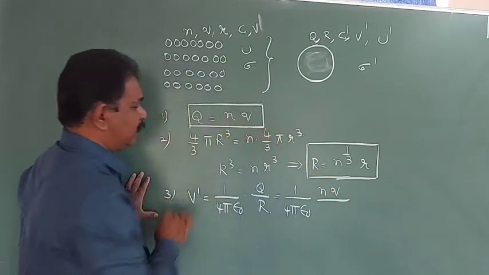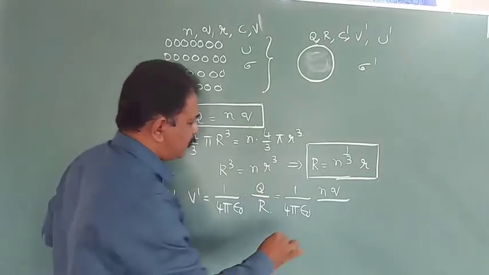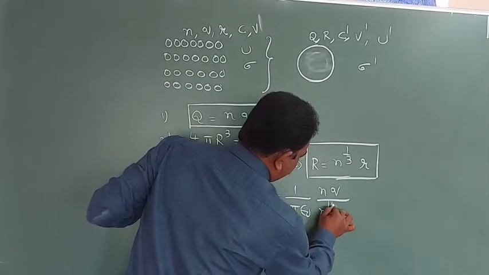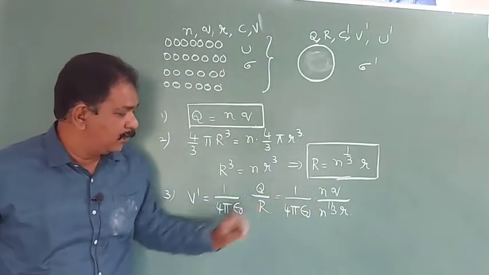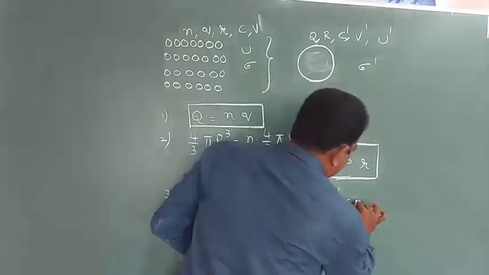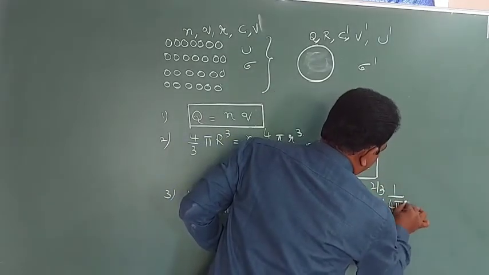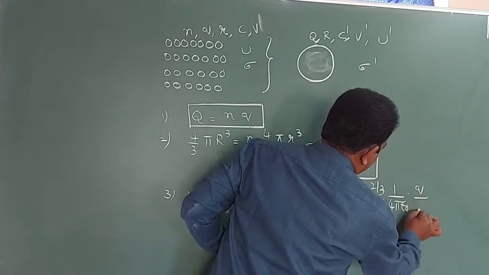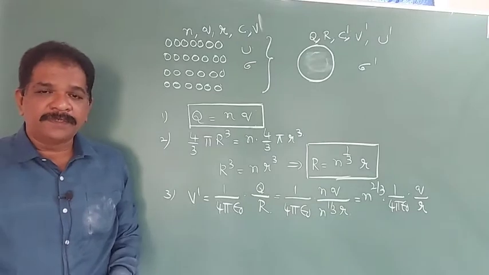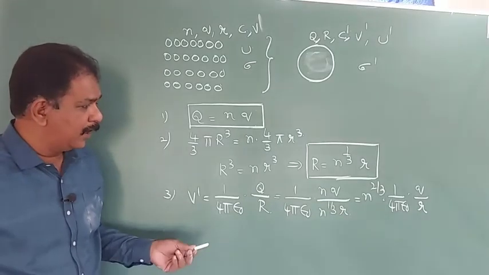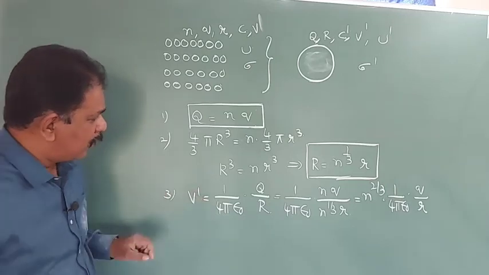Radius capital R is equal to how much? n power 1 by 3 into small r. n by n power 1 by 3 means n power 2 by 3, into 1 by 4 pi epsilon naught q by r. 1 by 4 pi epsilon naught small q by small r is the potential of one small drop.